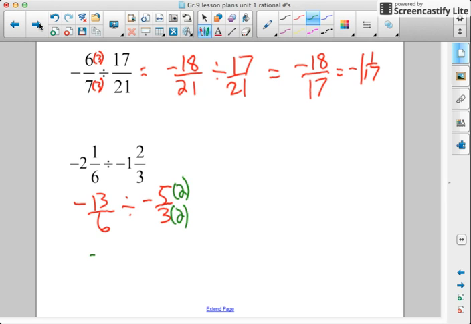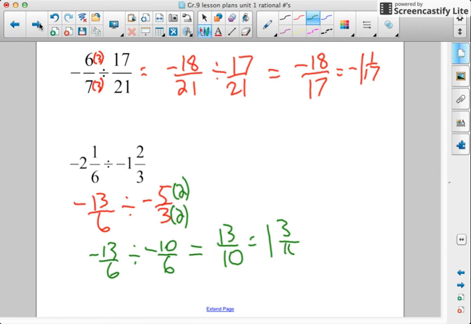I get negative 13 over 6 divided by negative 10 over 6. Negative divided by a negative is going to end up being a positive. So it's going to be 13 over 10, or the same as 1 3/10. So that's one way of doing it.